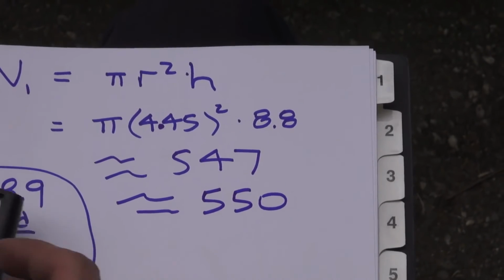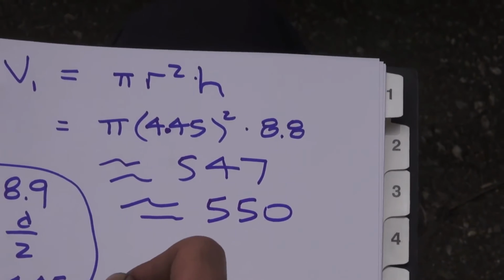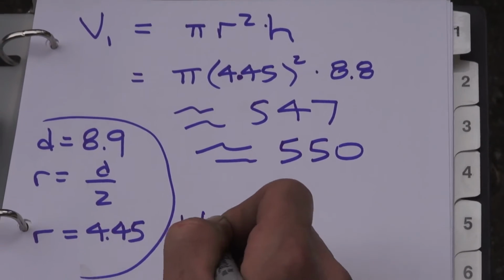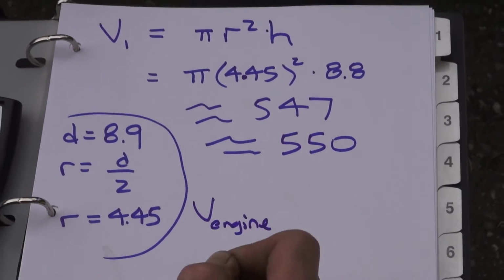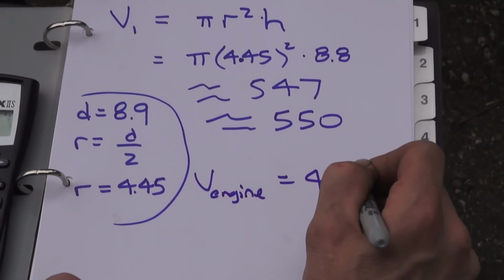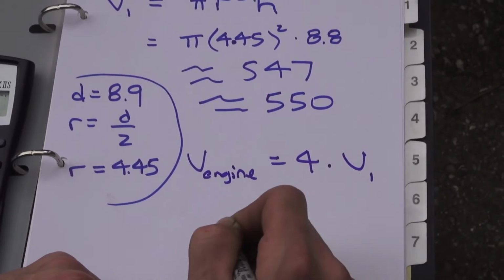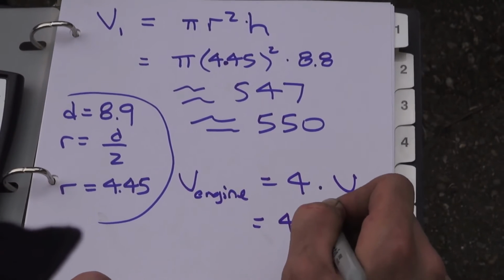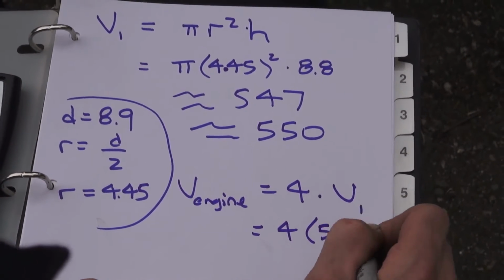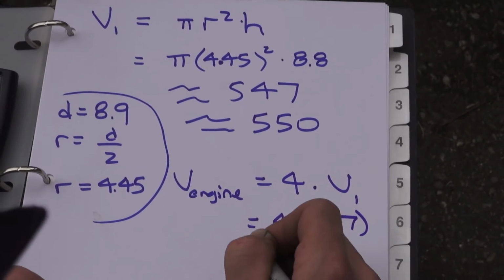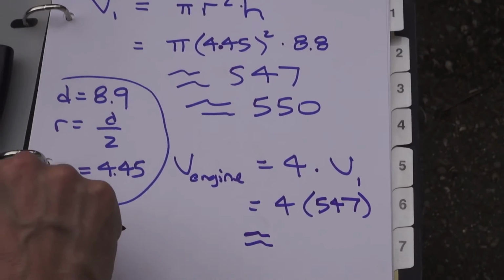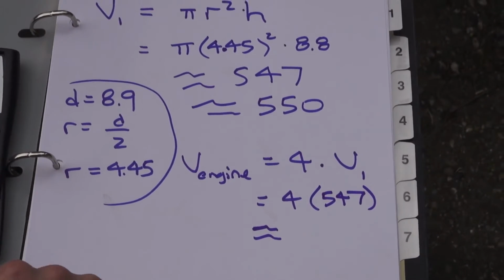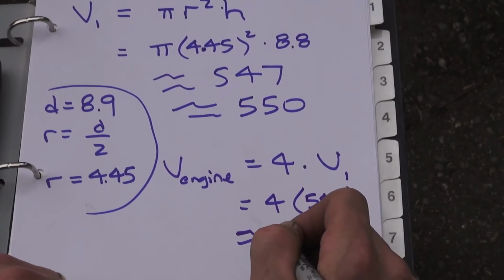But either one of those numbers that you use, we have to multiply by 4 because that's the volume of one of them. So volume of the entire engine is 4 times that volume that we got, which is, even if we put in the 547 here, 547 times 4 is about 2188.